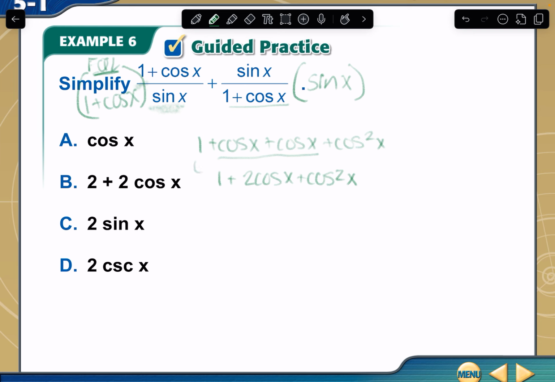So that simplifies into that. In my denominator, I'm kind of done with that part. FOILed, combine like terms. So in my denominator, I have 1 plus cosine times sine. I'm going to just leave that as 1 plus cosine times sine for right now.